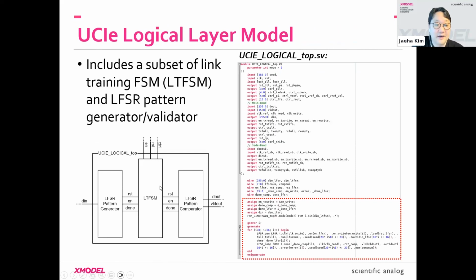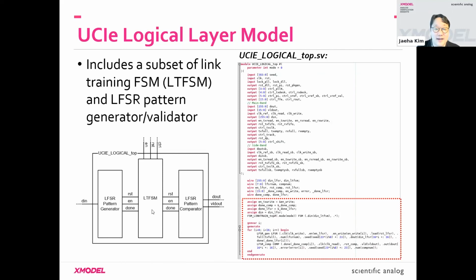The logical layer consists of three big components. The biggest one is the one in the middle, called the link training FSM. That is that giant FSM that I talked about.